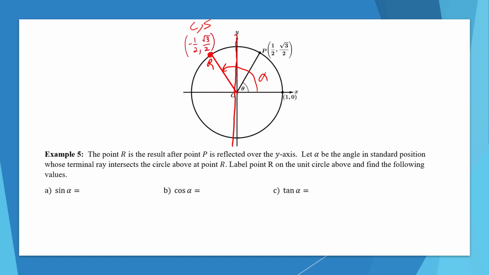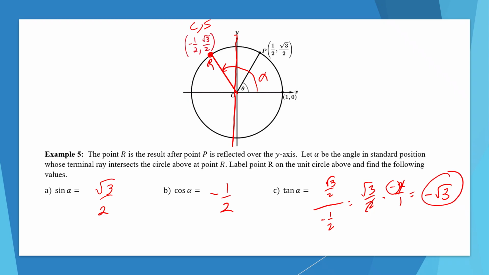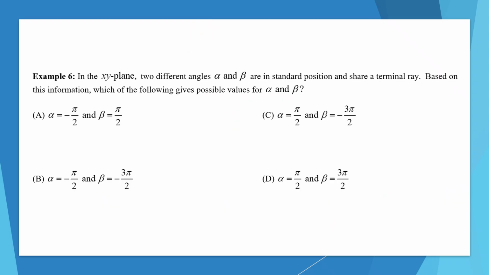So sine should just be our y-coordinate here, which is √3/2. That's positive. Cosine should be negative, so -1/2. And then tangent is going to be sine over cosine, so √3/2 divided by -1/2, which is √3/2 times the reciprocal, -2/1. Those cancel. Notice how that negative sign doesn't go away. So here, this would be -√3 as our answer for example 5.